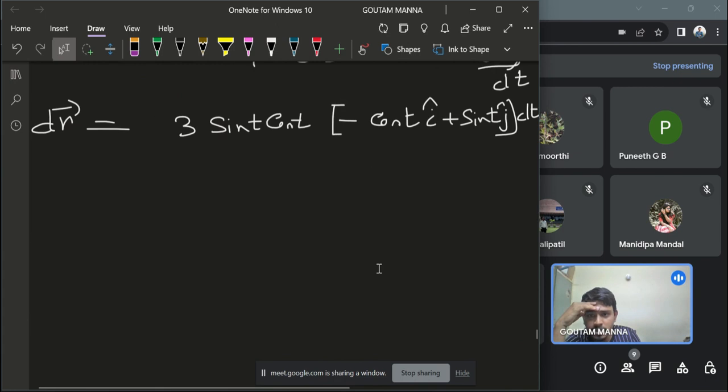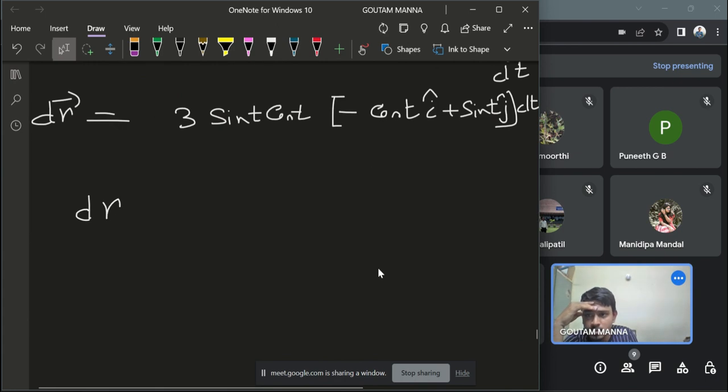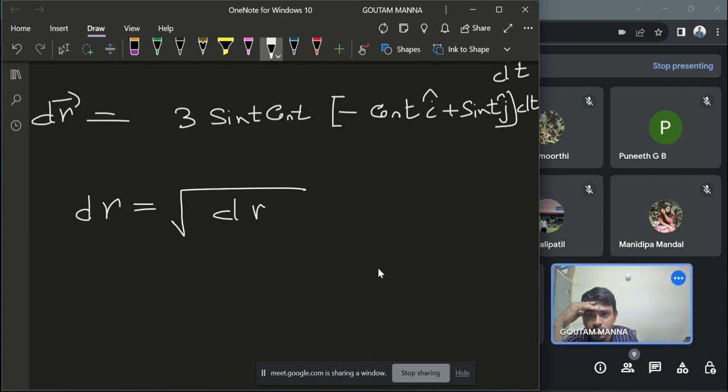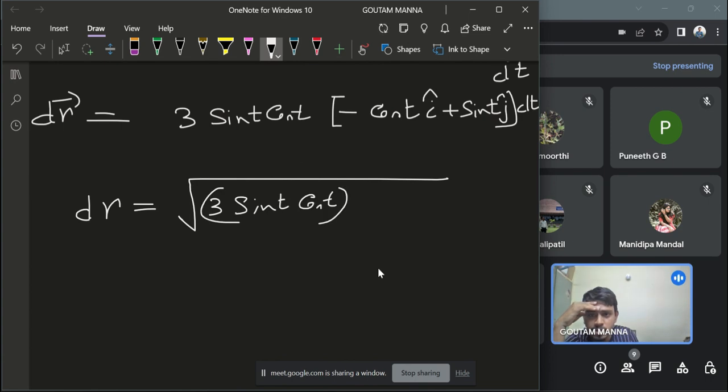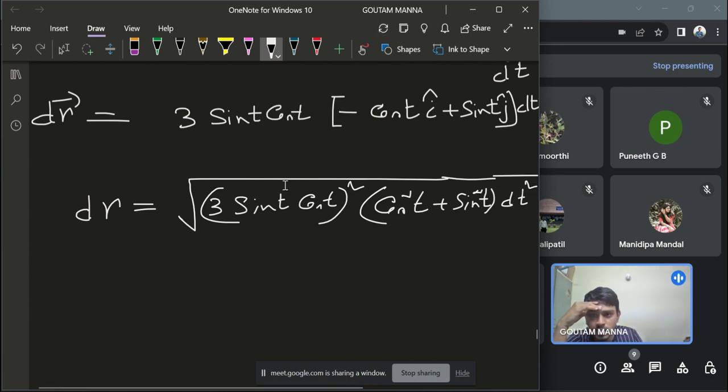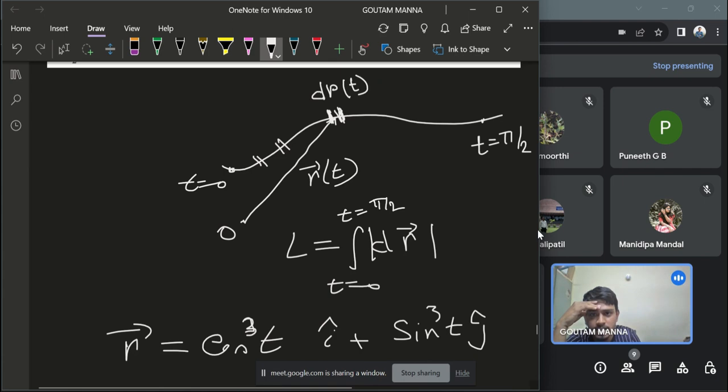So the magnitude of this length element will be root under 3 sin t cos t whole square times x component square, so cos square t plus sin square t, times dt square. This is the infinitesimal length dr at any value of t.